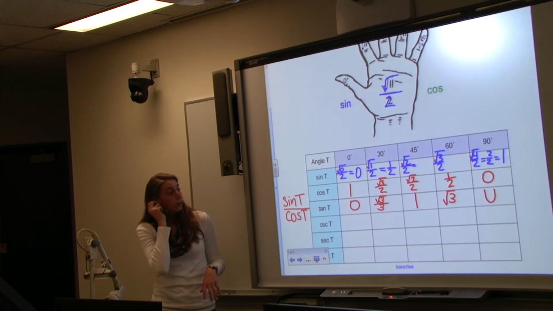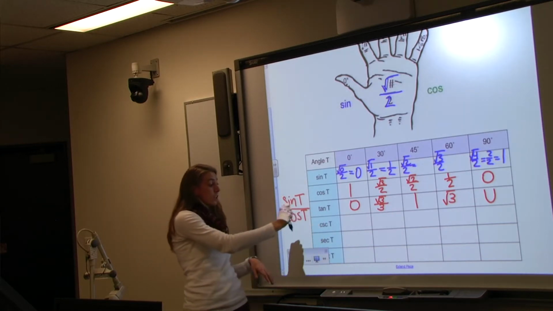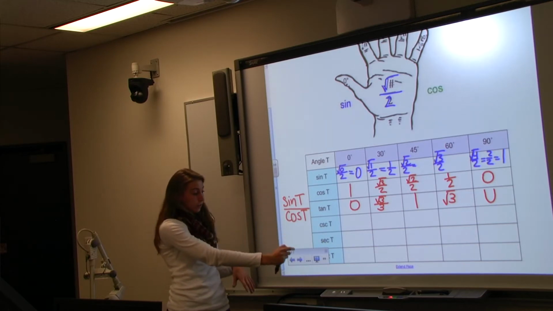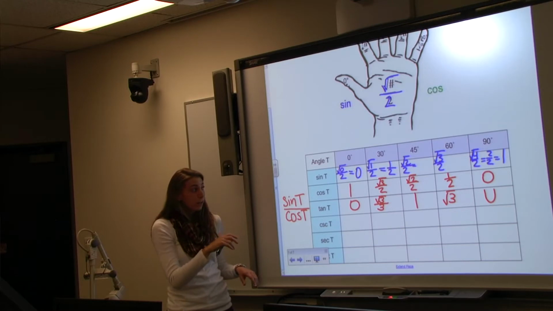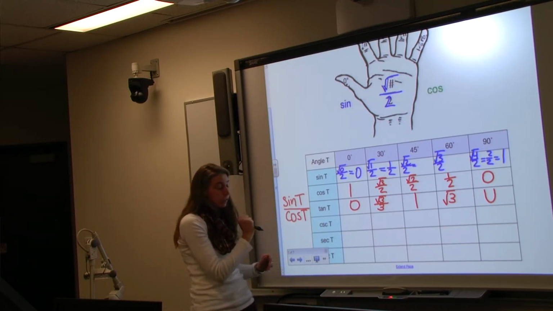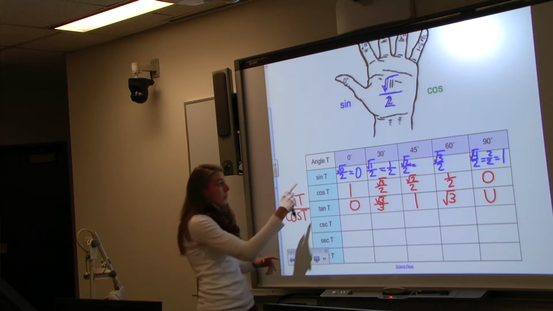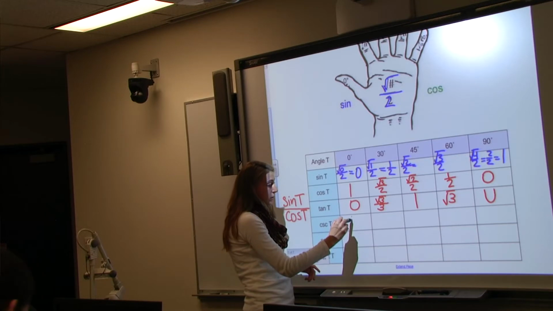Okay. Now what we know for cosecant and secant and cotangent is they're going to be the reciprocals. They're flipped, right? So what we can do here is use these and just flip them. So we have 1 over 0, so that's going to be undefined too.